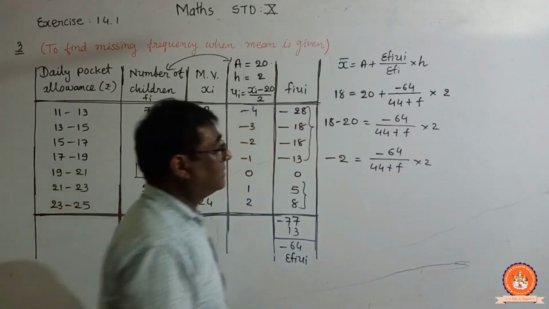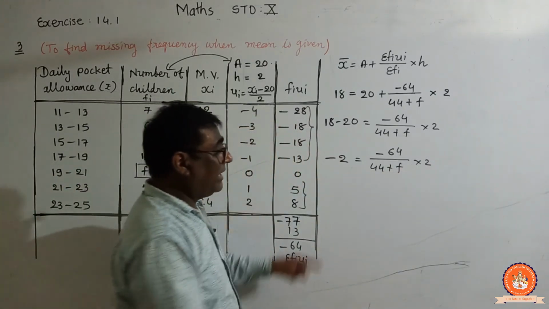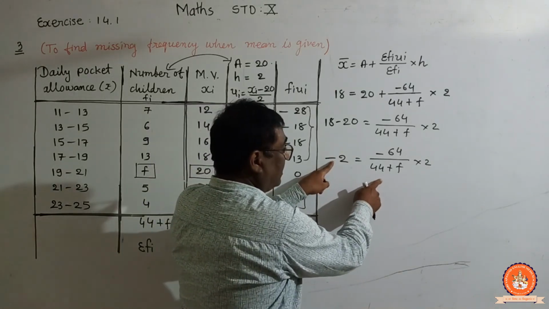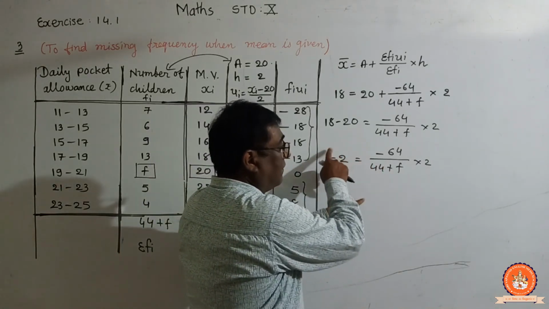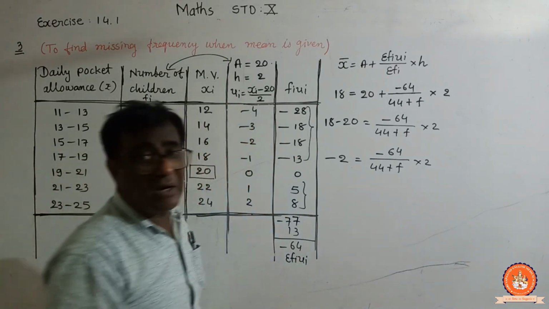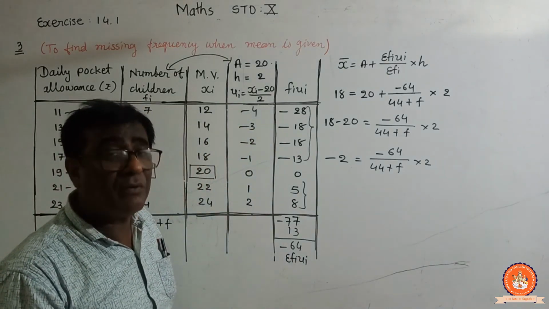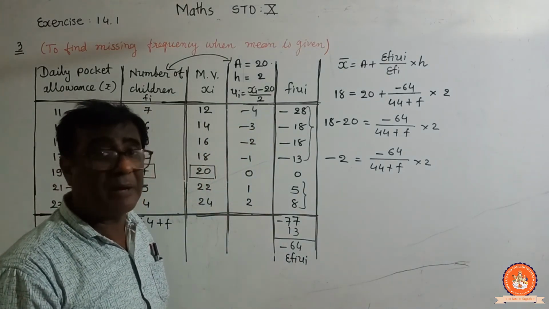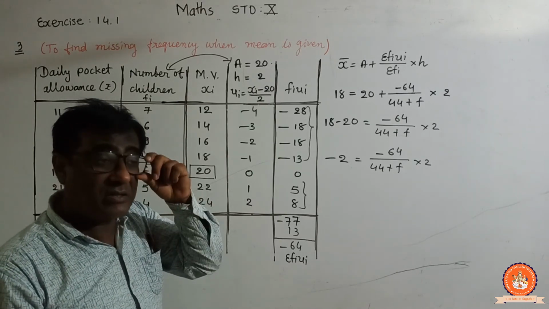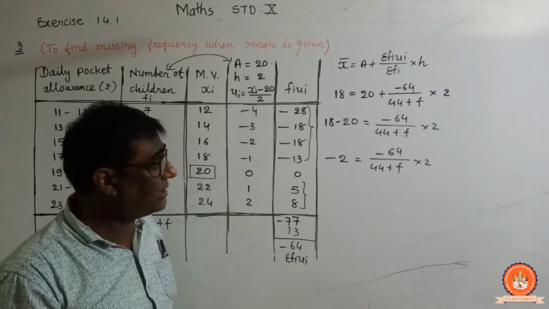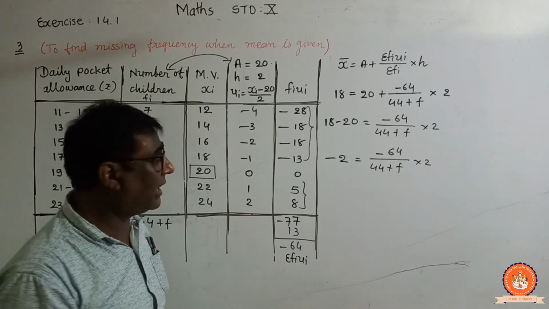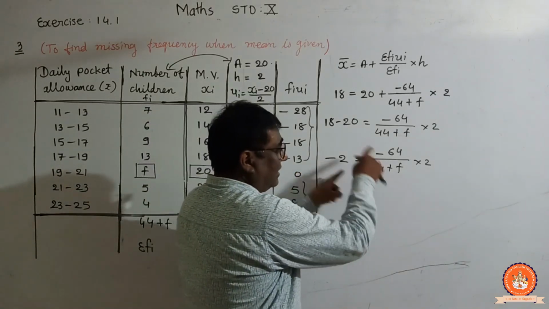Now my friends, you can exchange the values minus 2 and 44 plus f as invertendo, that we have discussed in the 6th chapter, some results of ratio and proportion, invertendo. So क्रॉस में हम एक्सचेंज कर सकते हैं.